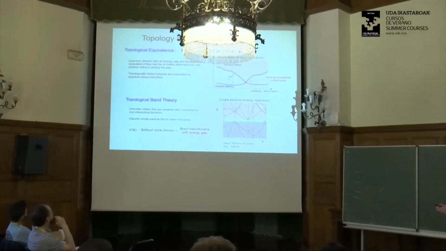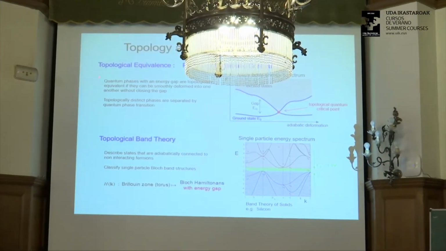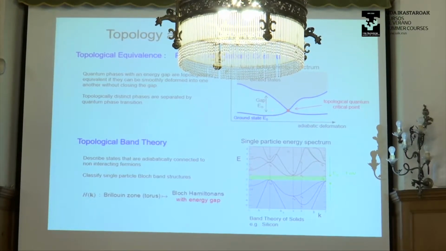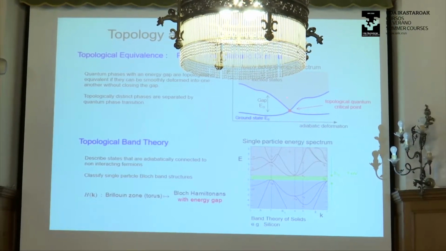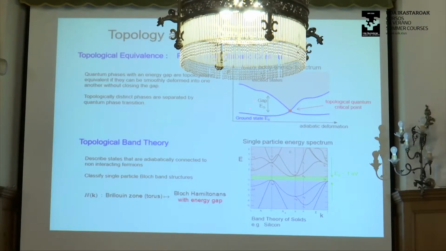Okay. Now, of course, not everything is the same, and that's where all the interest lies. So topologically distinct phases, necessarily you have to go through a quantum phase transition where the energy gap goes to zero. Okay, and so all the interest is in understanding, well, what are the kinds of topological phases that you can have?